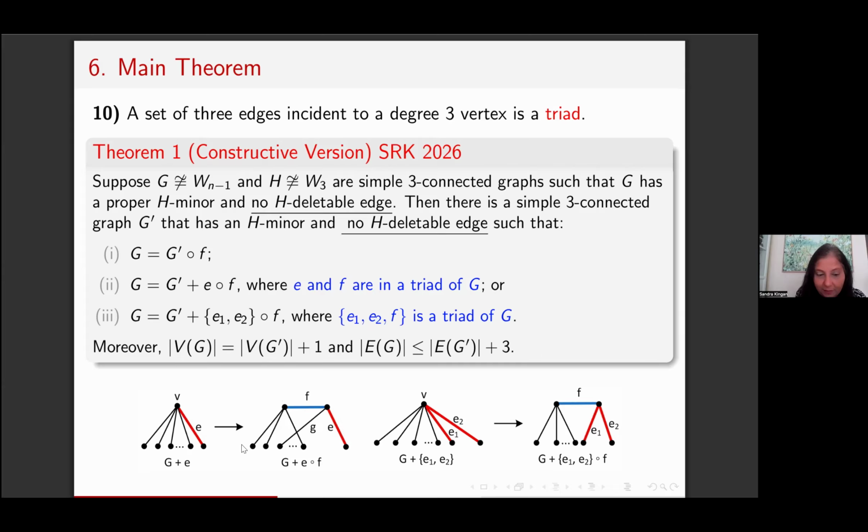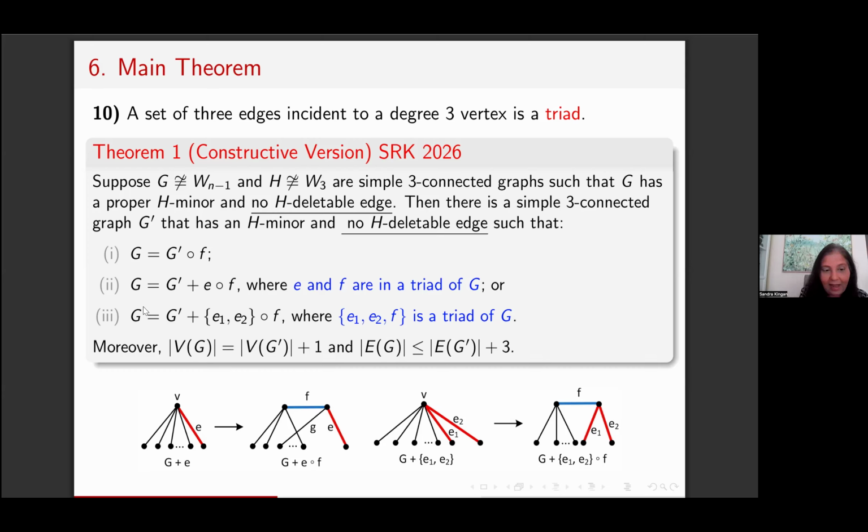And that specific manner can be visualized here. Adding an edge E and splitting it so that E, F, G forms a triad. What's a triad? A triad is the three edges incident to a degree 3 vertex.